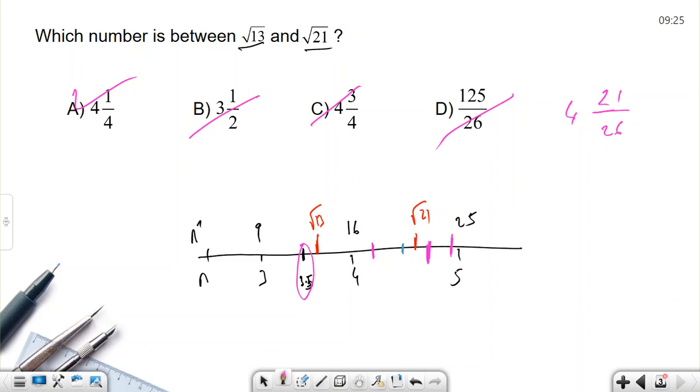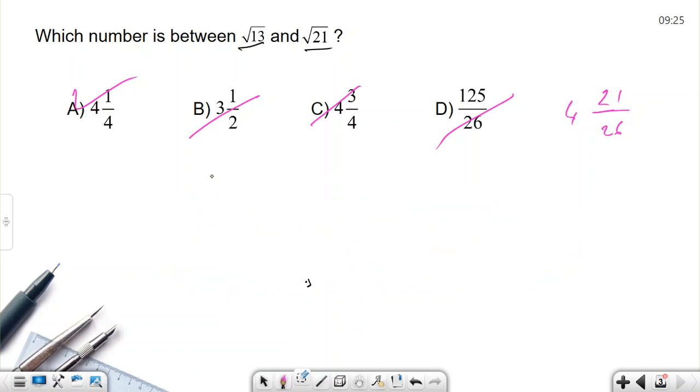That's the first way. In that way you can draw a number line and write the approximate places of the square root of 13 and the square root of 21, so you can find the answer.